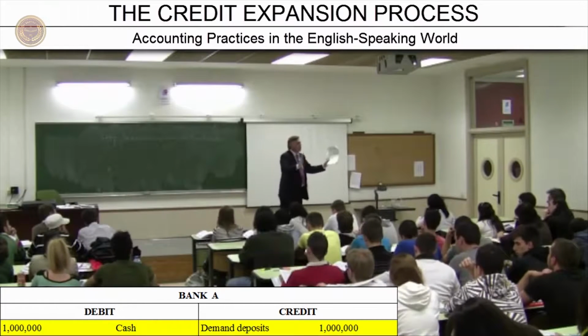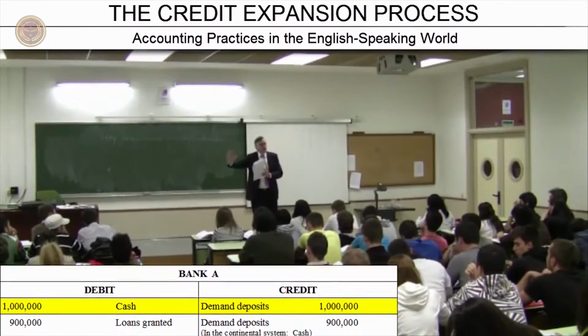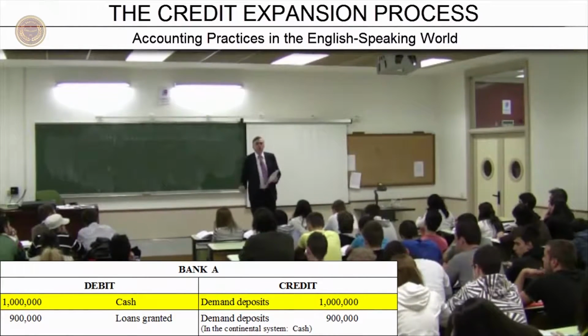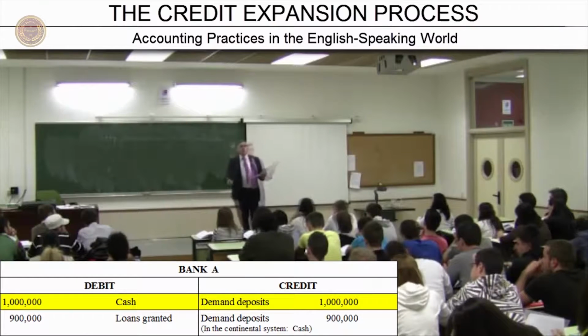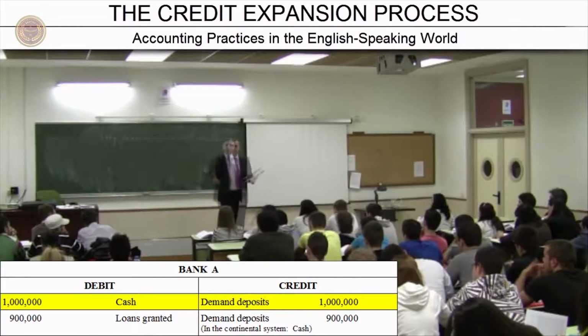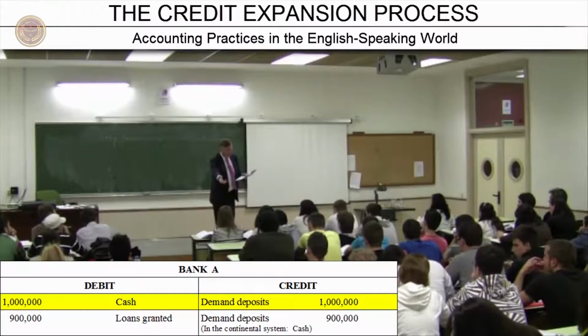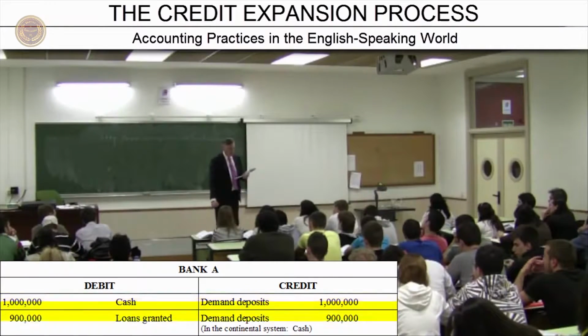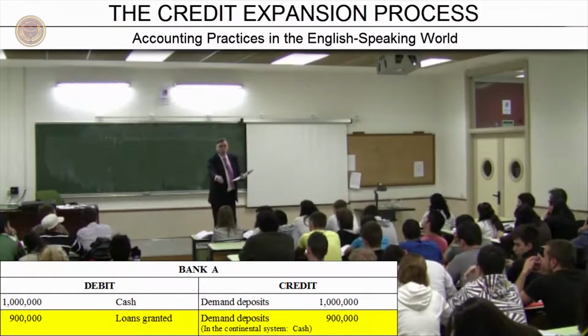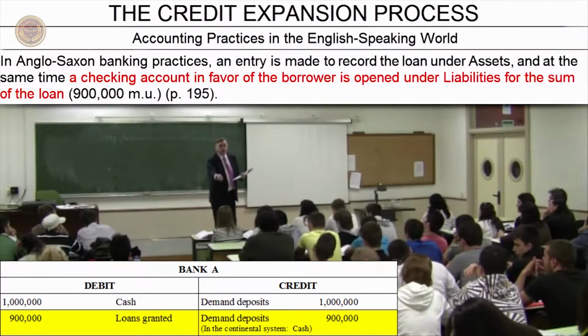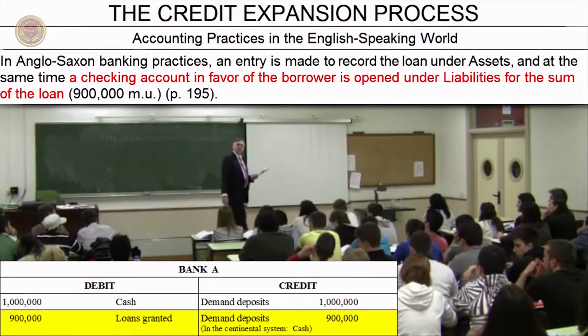But in Anglo-Saxon accounting practices, a prior entry is made. The banker says, I will leave 1 million in cash and the demand deposit of 1 million, but now, as if by magic, I will lend 900,000 to the owner of company Z, open a demand deposit account for him for 900,000 and give him a checkbook.